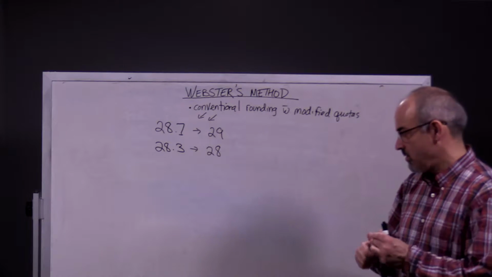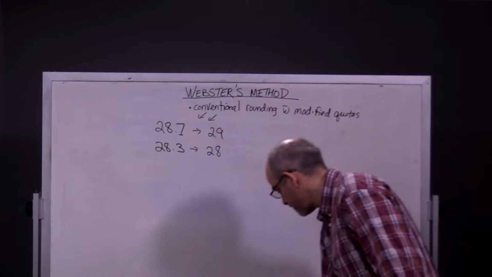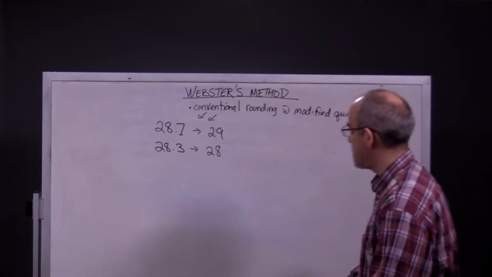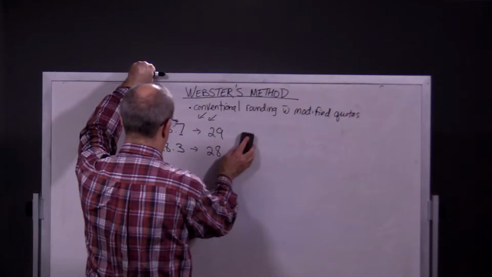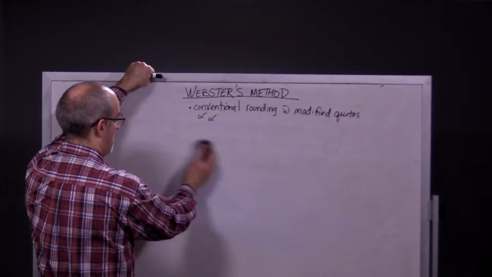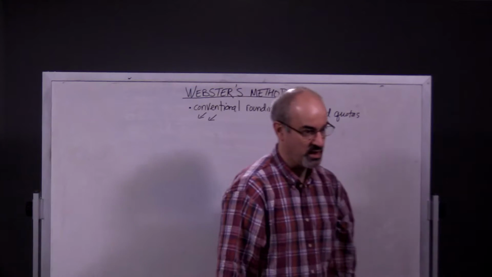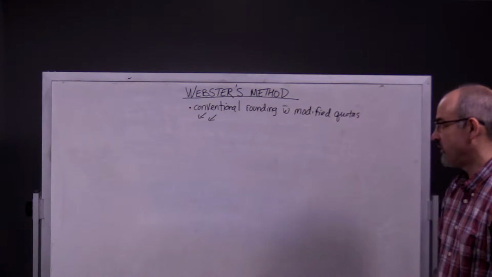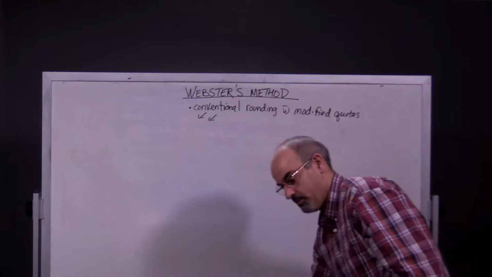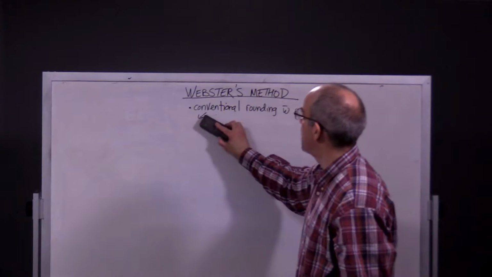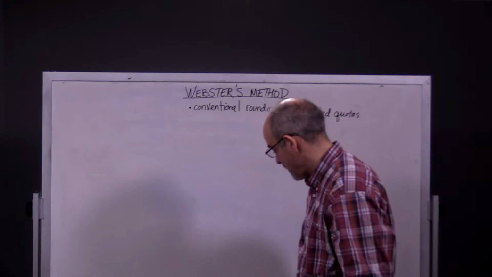So this method uses conventional rounding, but it doesn't use a standard divisor. It uses a modified divisor that we're going to just call D for divisor. So let me show you how that's done.